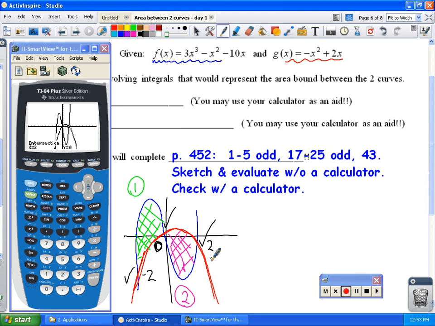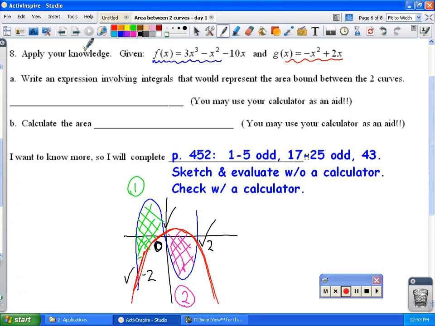All right, I'm going to put my calculator away for just a minute because it didn't ask me to actually solve this out, although it will in a minute. It asked me to write an expression involving integrals that would be used to bound the area. So here we go. We have to have two integrals because in region number 1, blue is on top, and in region number 2, red is on top.